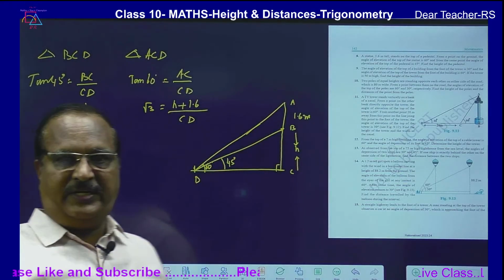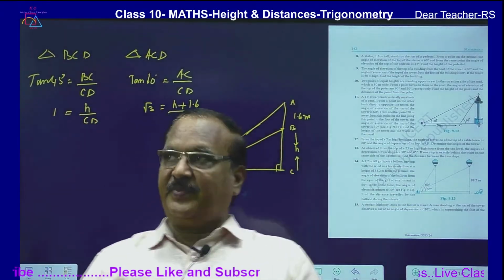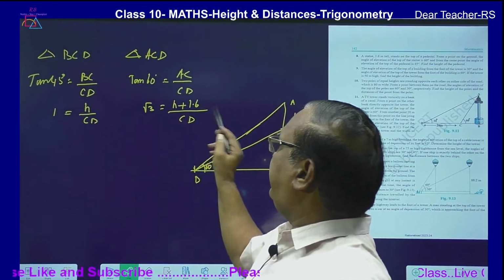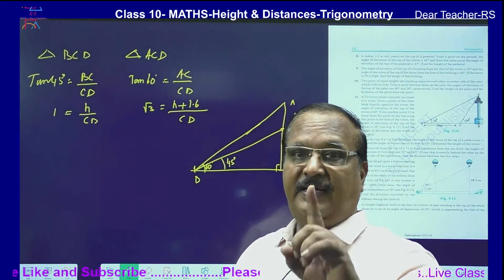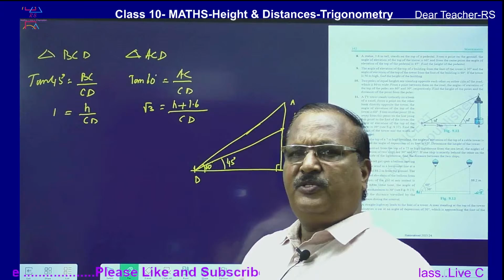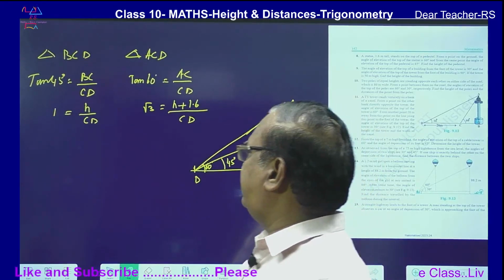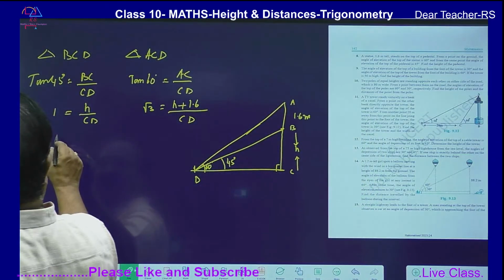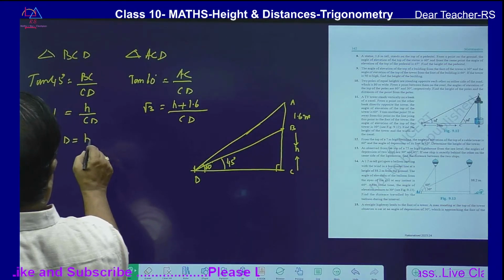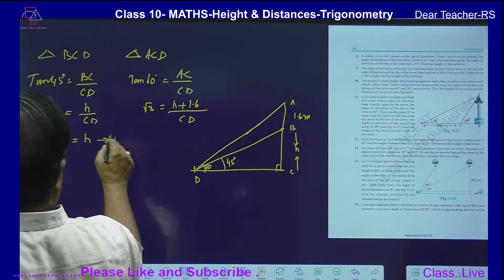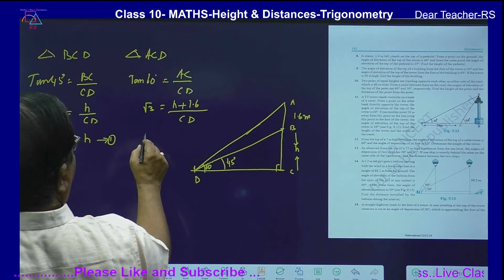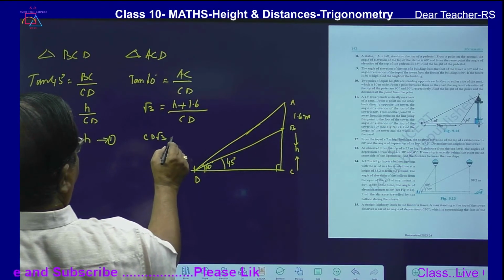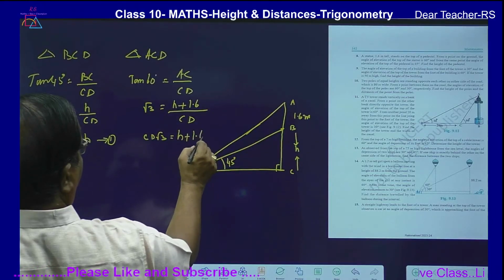These are the two equations in CD and H. So we have to find out the H value, not the CD value. So eliminate CD from both the equations. Now if you cross multiply, CD is equal to H. This is the first equation, and here CD into root 3 is equal to H plus 1.6.